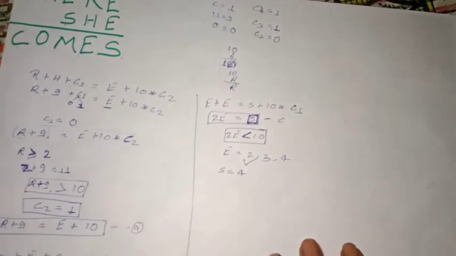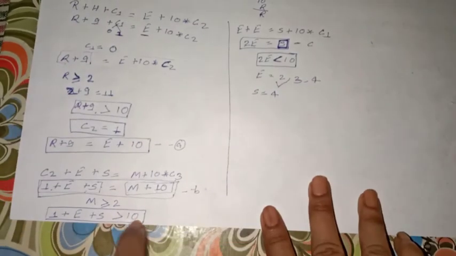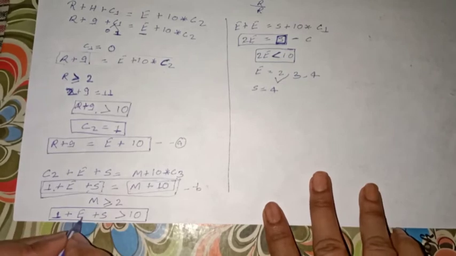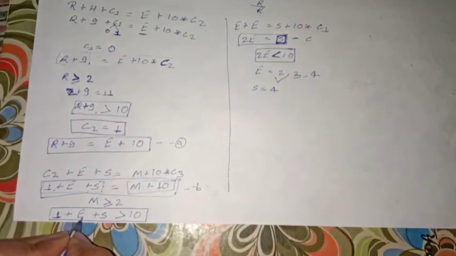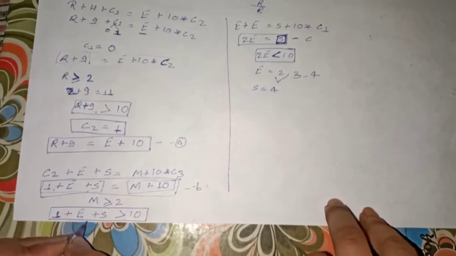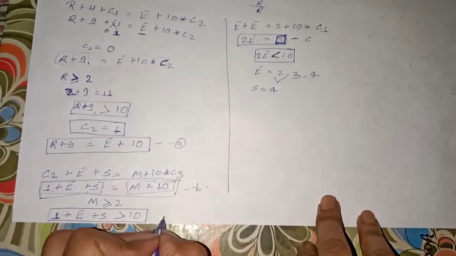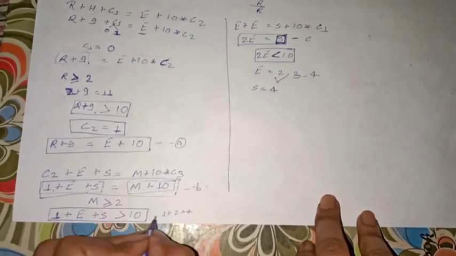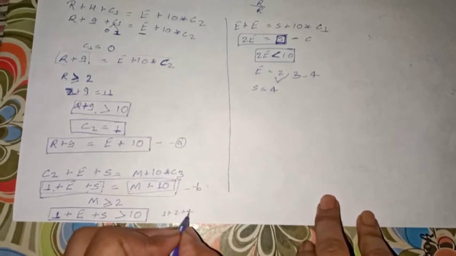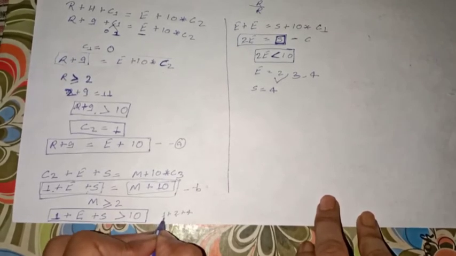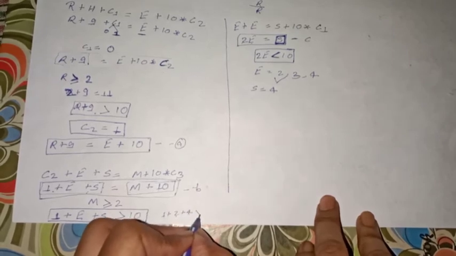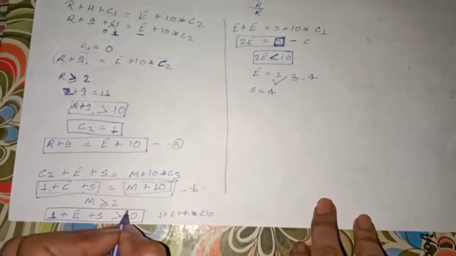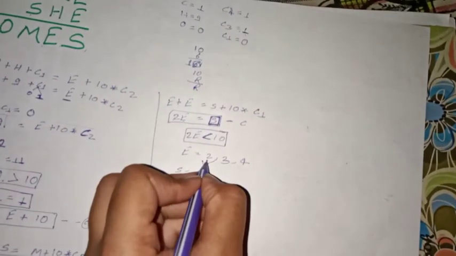Now we put this value in this conclusion, that is 1 plus E plus S. Here the value of E is equal to 2 and the value of S is equal to 4, that is 1 plus 2 plus 4, which is 7. No, this value is not greater than 10. This value is less than 10.